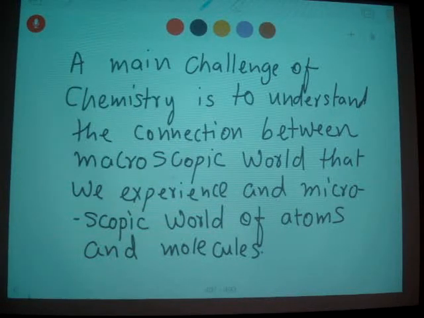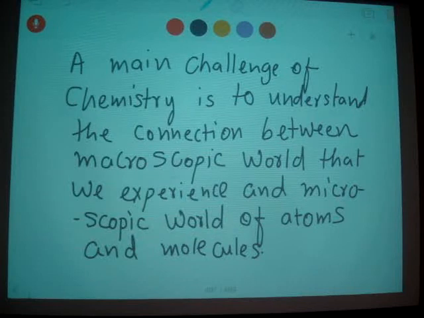And we try to think on the atomic level. When we try to understand, we try to think at the atomic level. So that's the main difference between atoms and molecules. Alright. Now, we define atoms and molecules, right? An atom is the smallest part of the element.